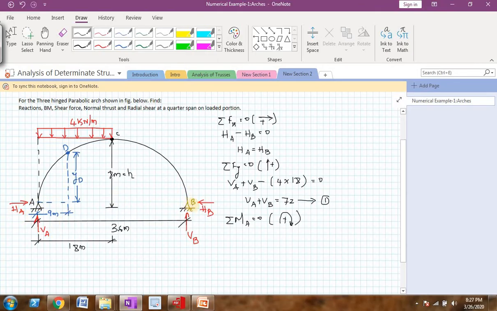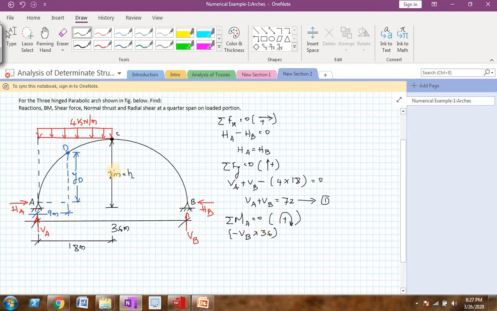So let us start from point B. So HB also will not come into picture because the line of action of HB will pass through point A. Only VB will come into picture. So VB at A is causing an anti-clockwise moment, so I should write it as minus VB into the total perpendicular distance, which is 36.